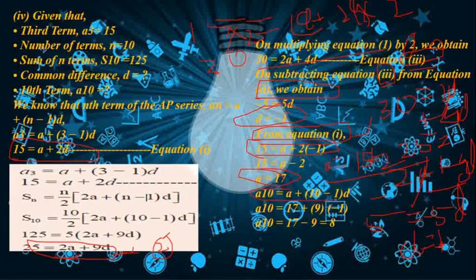So the value of a10, the 10th term, is equal to a plus 9d, that is 17 plus 9 into minus 1, that is 17 minus 9. Hence we get the value of a10 as 8.